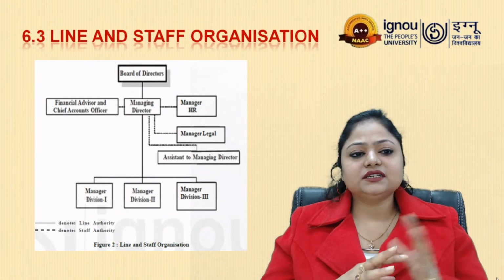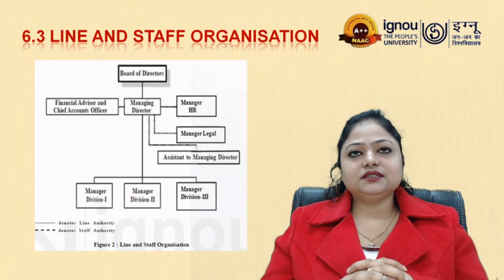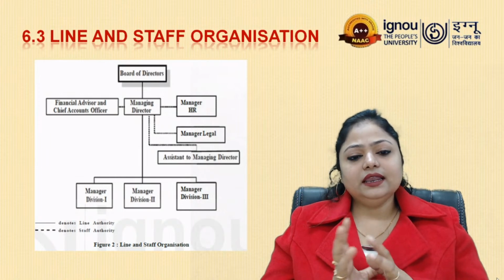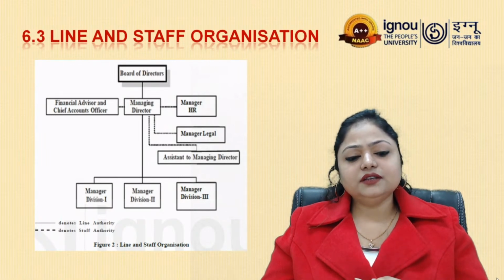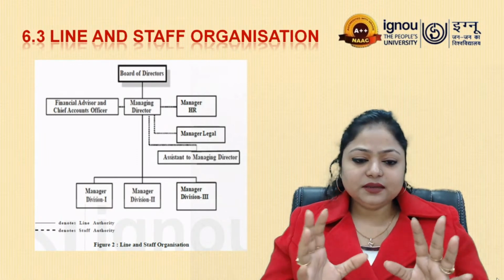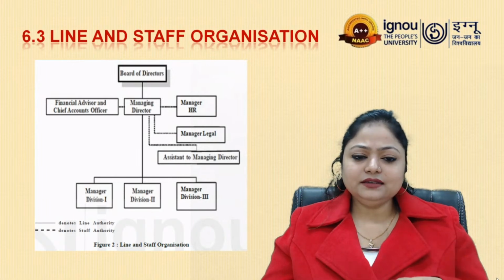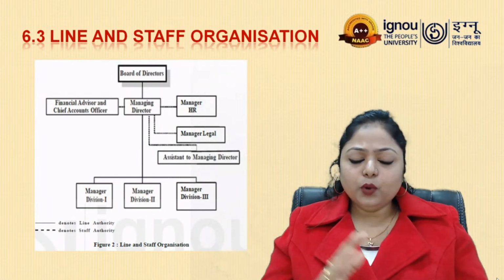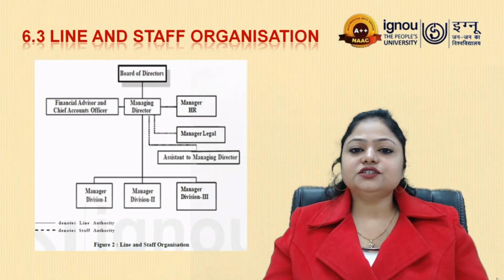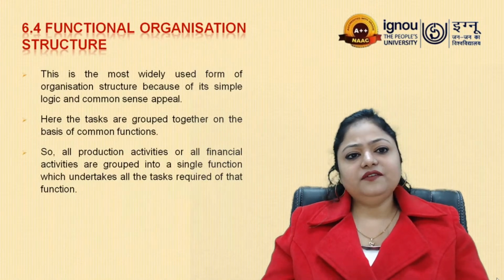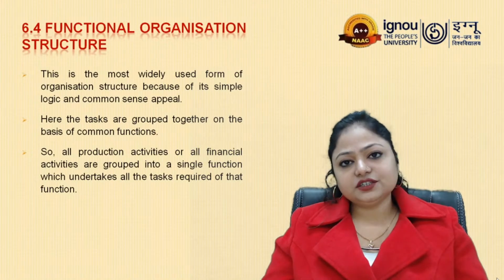We see the board of directors, financial advisors, chief accounting officers, and then HR managers, manager level, assistant to the managing director, then managers of divisions 1, 2, and 3. So it is a mixture of line managers supported by certain staff managers who are specialized in their function and field. Then the functional organizational structure.